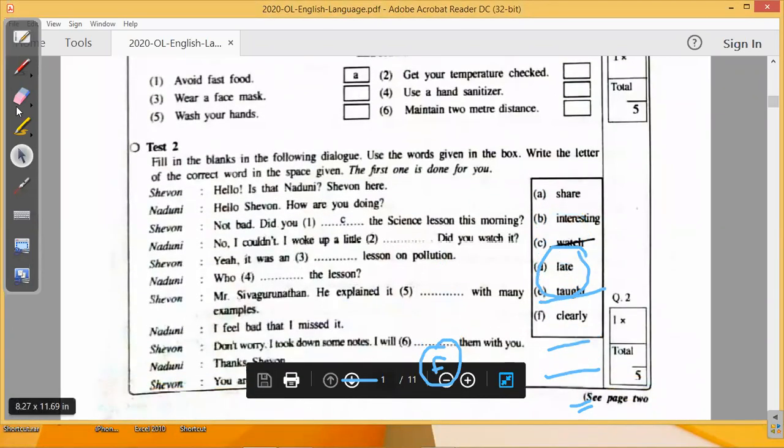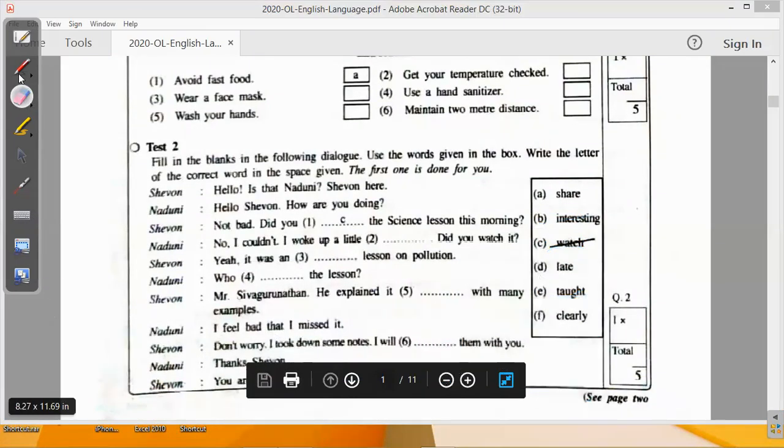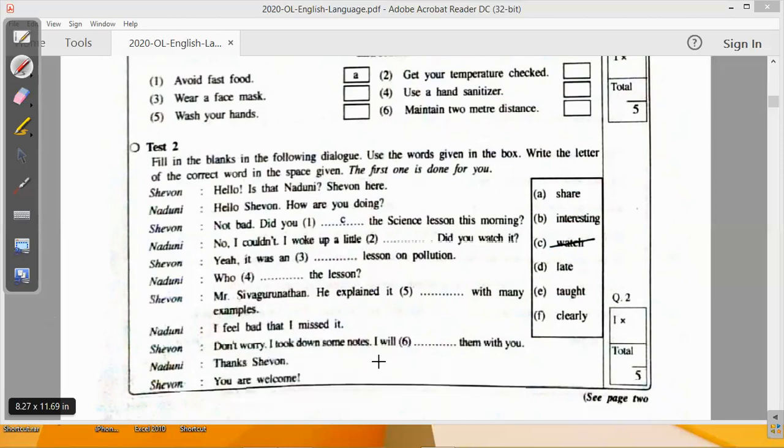Right? Don't worry, I took down some notes. All right, okay. Now the second sentence is a simple future tense sentence, okay? So which will be this way: subject will followed by stem of the verb, right?